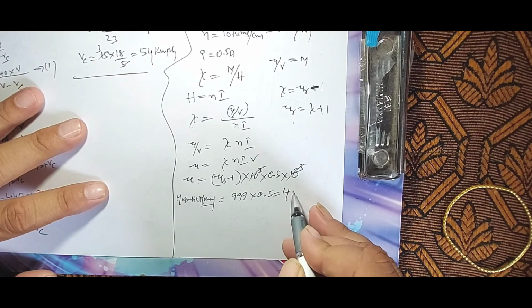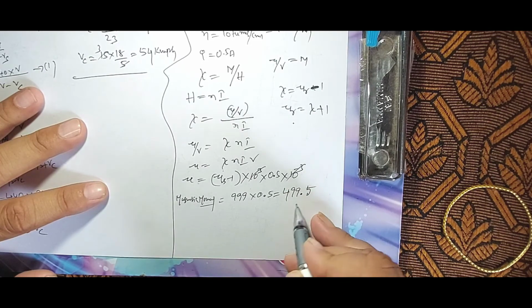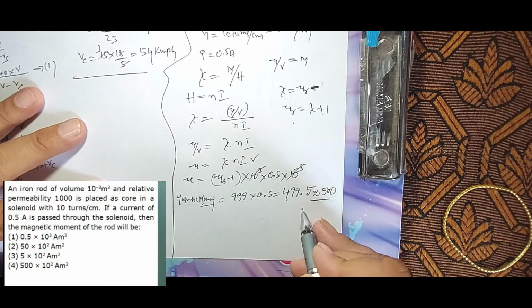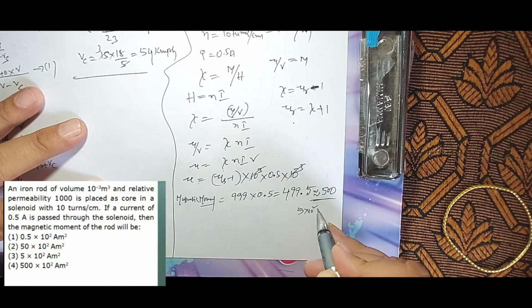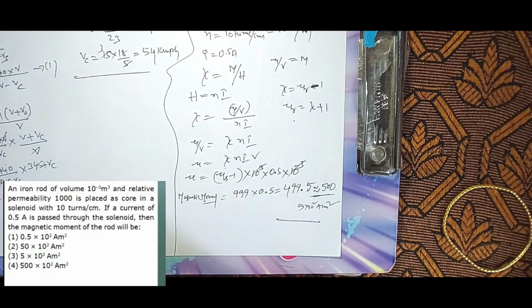What we get here? 499.5. So, nearly equal to 500, that is equal to 5 into 10 square ampere meter square. So, our option is what we get here? Option 3. Option 3.